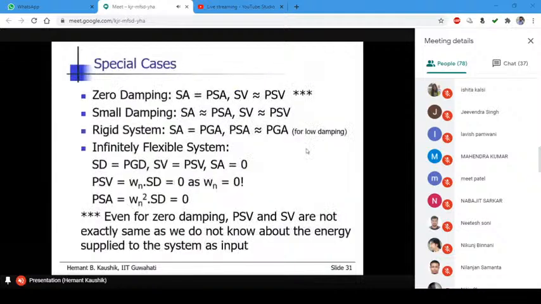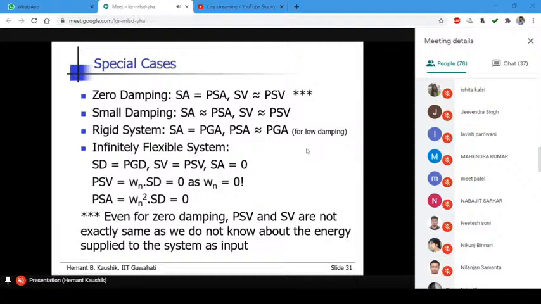Now these are the special cases. Like I already said, for zero damping values, this is not discussed, but we can actually derive pseudo-spectral acceleration from spectral acceleration. But these values are not exactly the same. These are derived values. But for zero damping, the spectral acceleration is exactly the same as the pseudo-spectral acceleration.